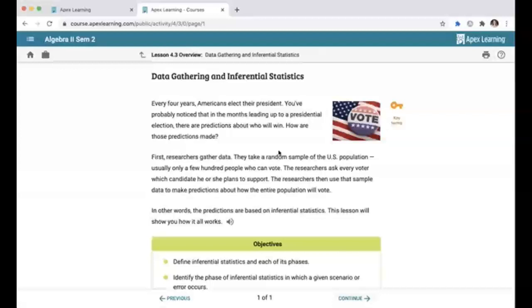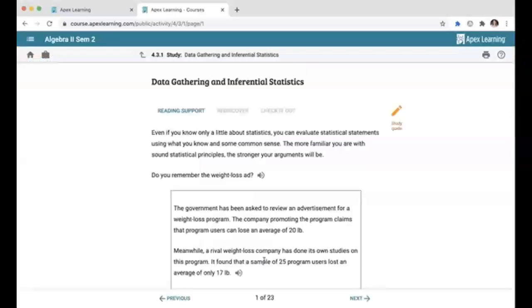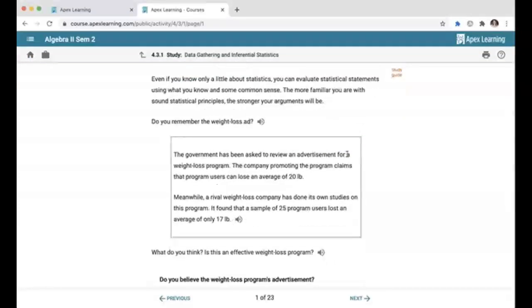Since the researchers in this little fake example use a small data set and make a prediction based on it, their predictions are what's called inferential statistics. They're extending beyond what they actually know to make what's called an inference, an educated guess.